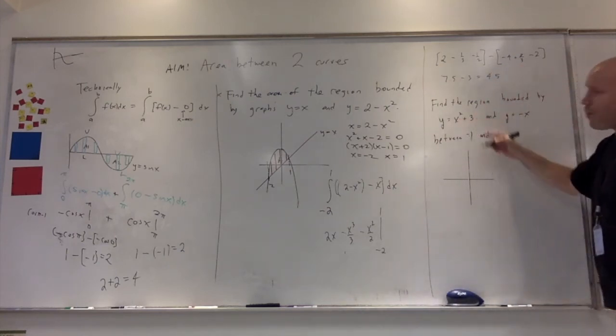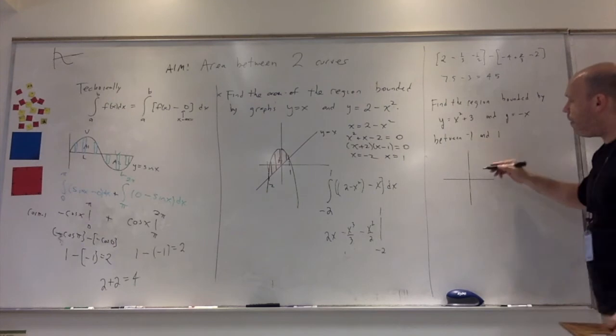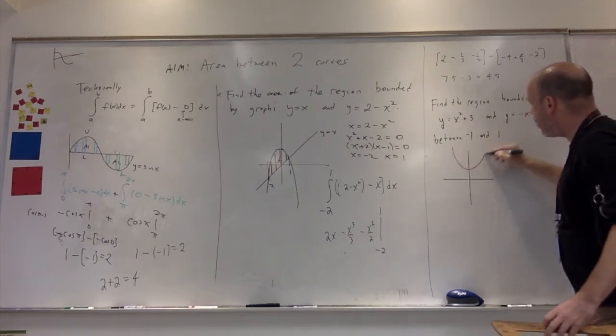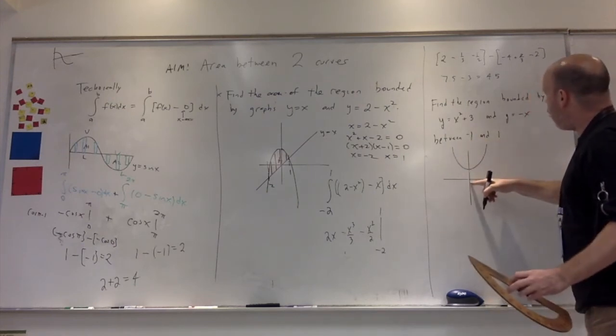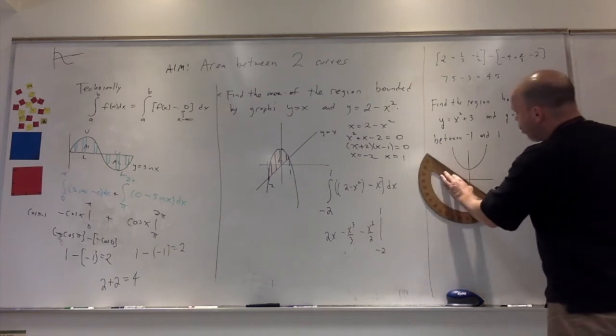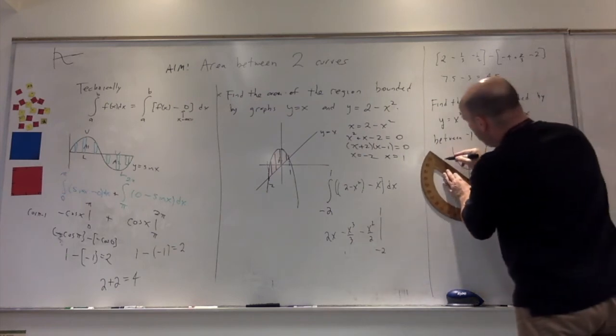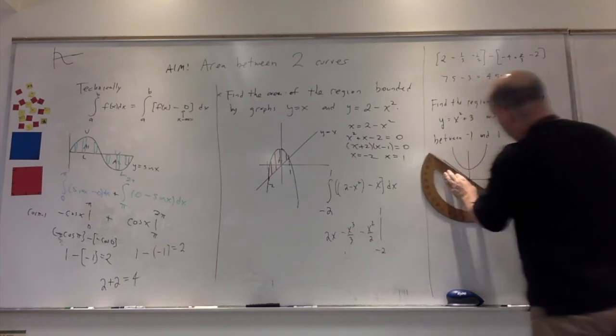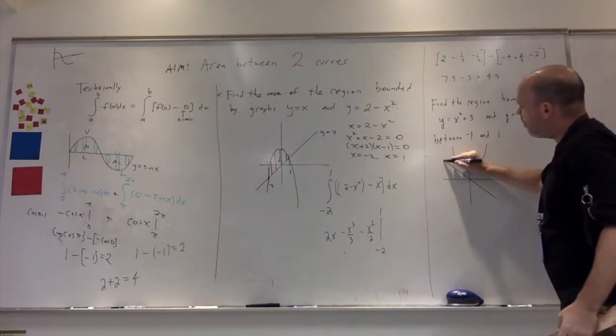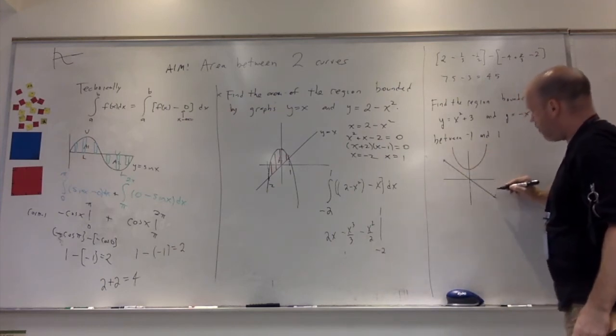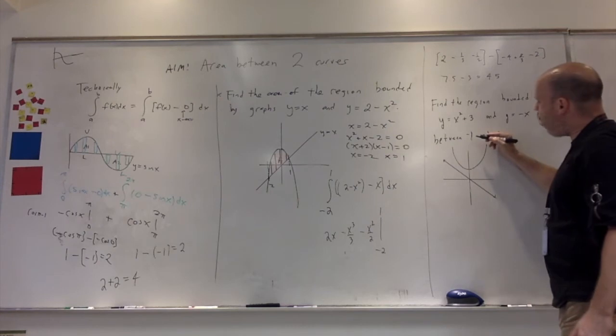So let's get a graph. X squared plus 3, I know it's a parabola, it's a smile, it moved up. Y equals negative x. It turns out that it doesn't intersect. And the question is between negative 1 and 1.